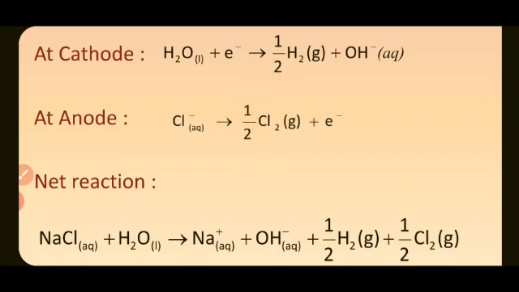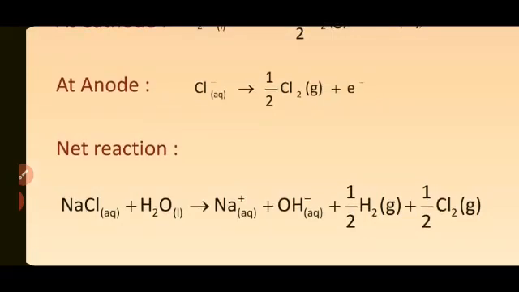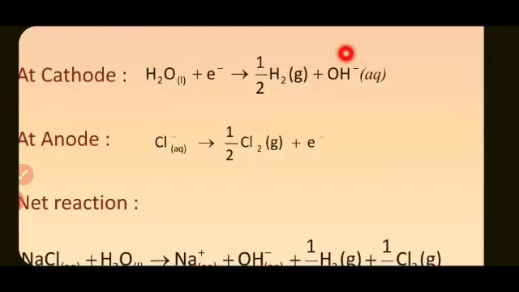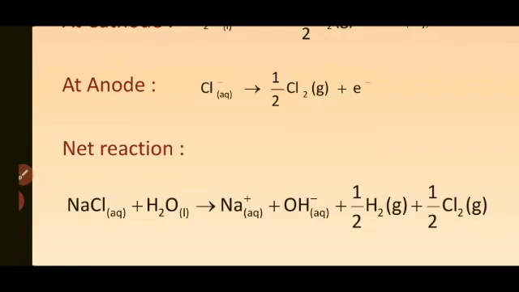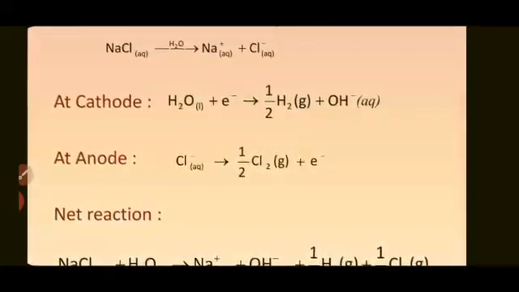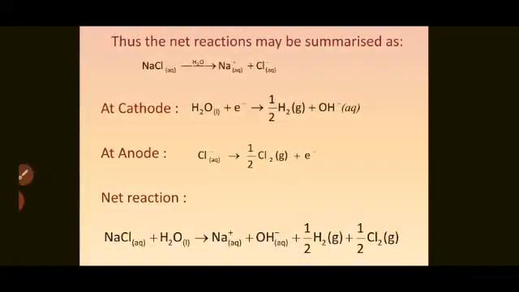So the net reaction is NaCl plus H2O gives Na plus. Now which ions remain? OH minus at the cathode and Na plus. Both combine to form NaOH, and this is how the total products of electrolysis of aqueous NaCl are NaOH, that is sodium hydroxide, then hydrogen, and then chlorine.